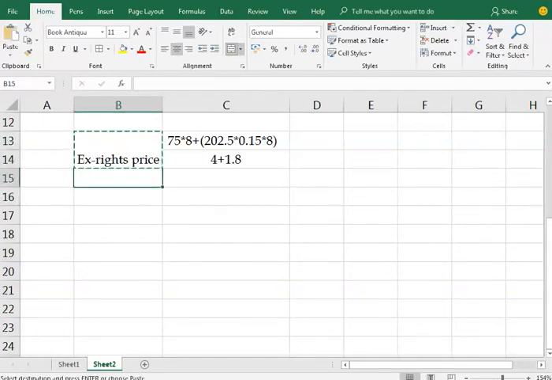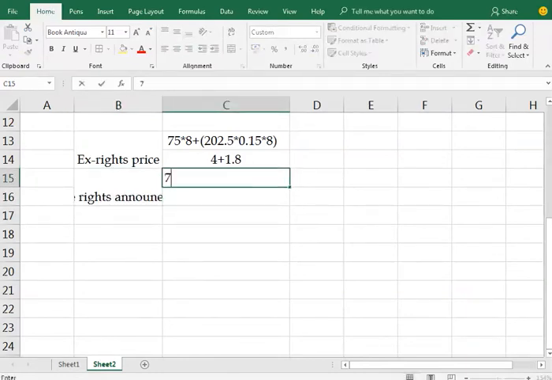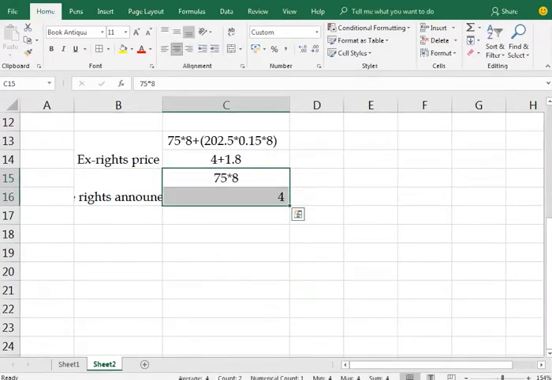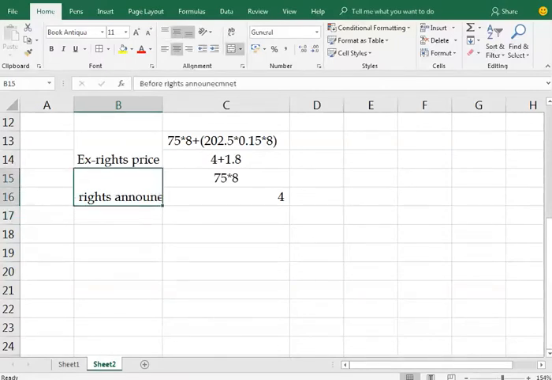Now, before any announcement is done, the value was 75 into 8 divided by 4 lakh shares. That is the worth of the company before the project is announced.